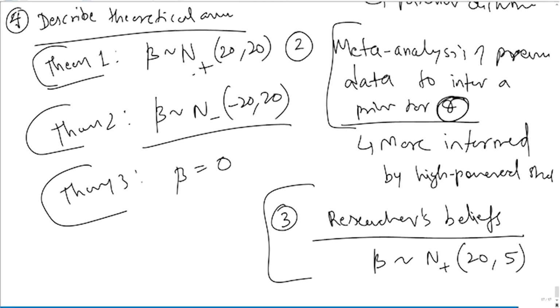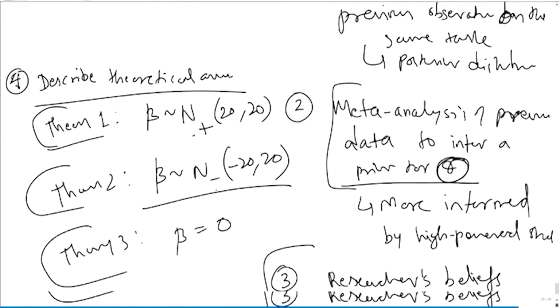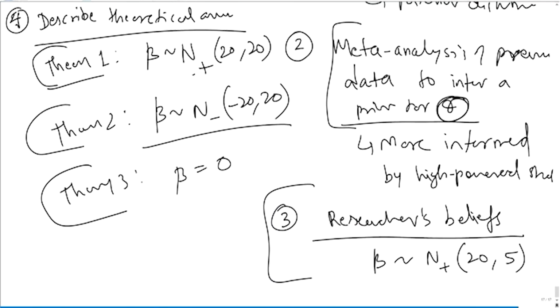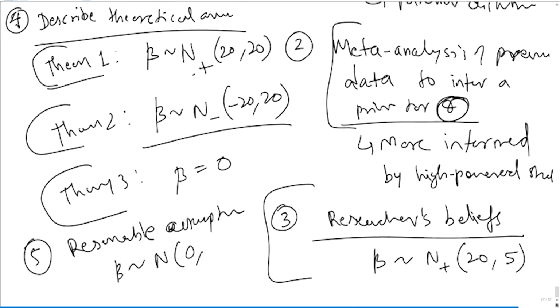When you don't have any prior data to give you some information, when you don't have any other researchers having opinions or beliefs about the parameter, when you don't have well specified theories about the task, right? Then in that situation, let's say it's a completely new task, you are on your own. Then you still need to make some reasonable prior assumptions. So let's say you make a reasonable assumption that beta is somewhere between minus 40 and plus 40.